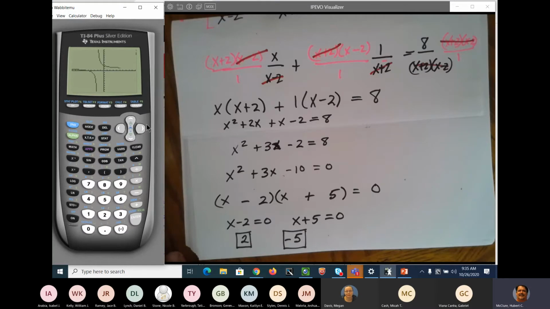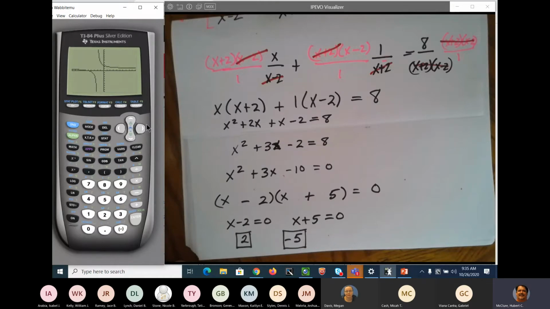Now you see the positive 2 does not exist. Now there's another way you can tell that. Can anybody see how we can take the 2 out as far as a solution? Anybody?